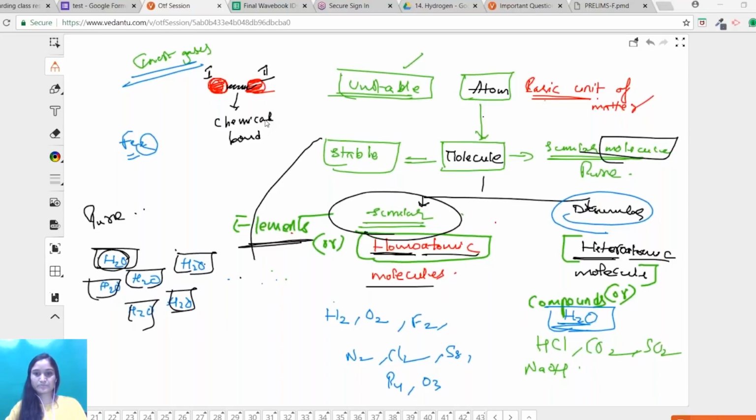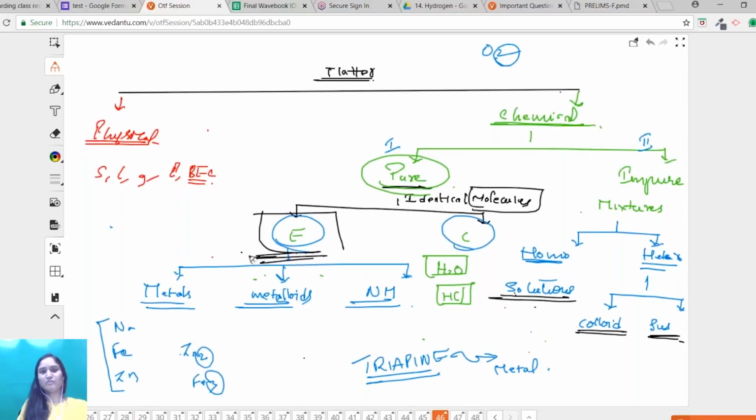Coming back to the bigger flowchart, how many types of elements do we have? We have metals, non-metals and metalloids, 3 types of elements. We talk about all these 3 types, not their properties, but their arrangement. How exactly are all these elements arranged and why should we arrange them?